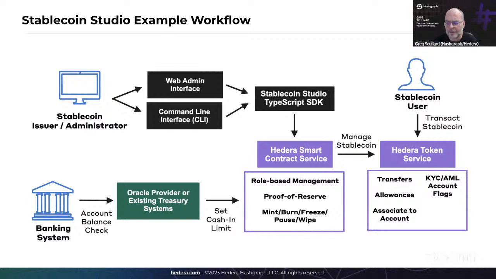And then inside of the smart contract on Hedera, which is responsible for governing the minting of the stablecoin, the minting process will check that whenever we mint tokens, the new circulating supply for the stablecoin doesn't exceed the amount that is held in reserve.